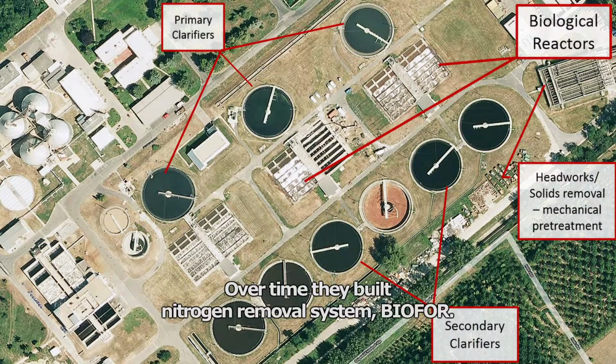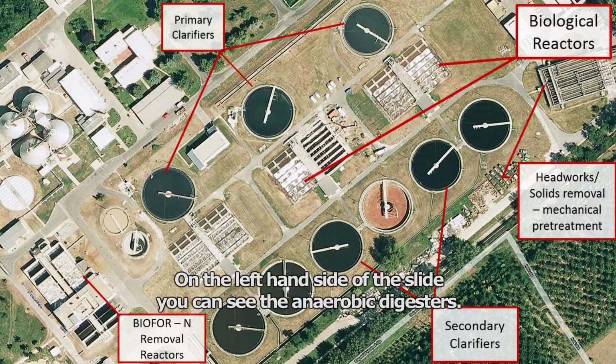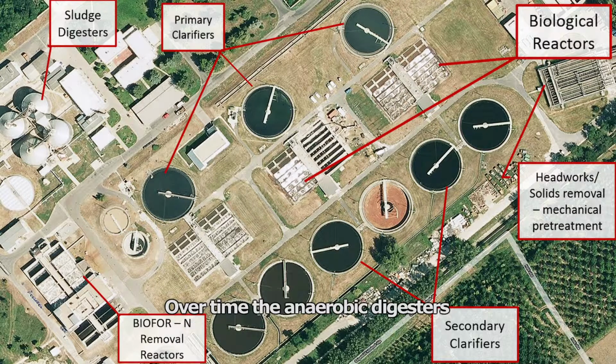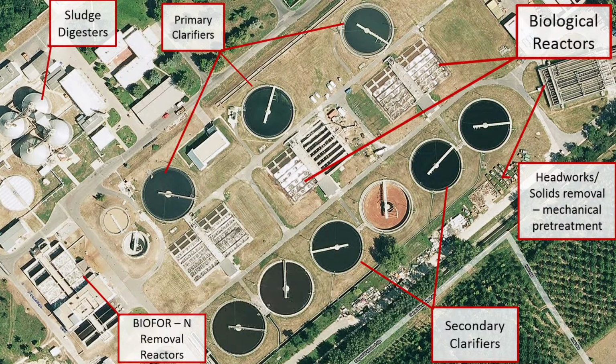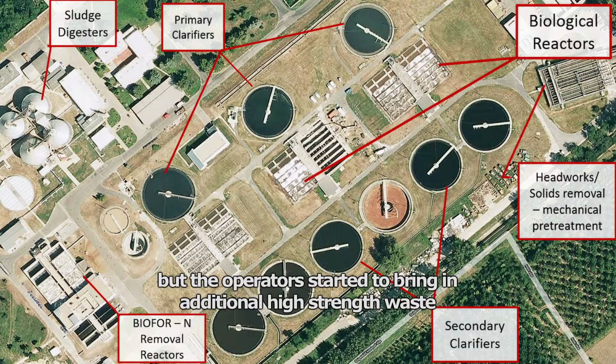Over time, they built a nitrogen removal system, a biofore. And on the left-hand side of the slide, you can see the anaerobic digestors. Now, over time, the anaerobic digestors not only started to serve as a way to digest the sludge, but the operators started to bring in additional high-strength waste.